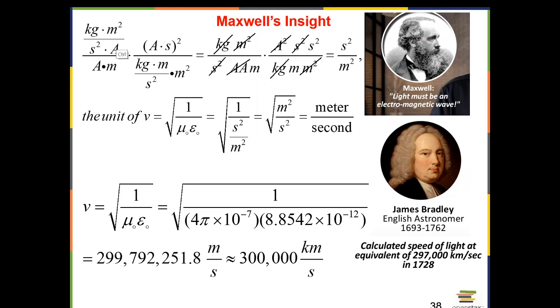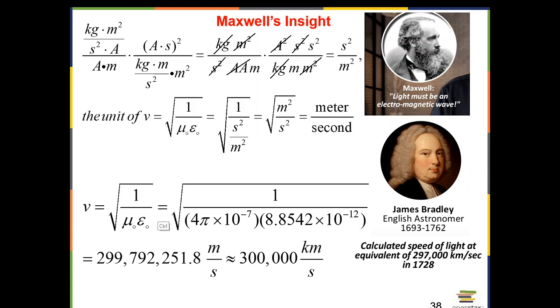Now, if you do the unit analysis, Weber is that, you can search it on the internet or in physics books. This is Weber, and this is amps times meter, and if you multiply these two units and put it under a square root, you end up with meter per second.